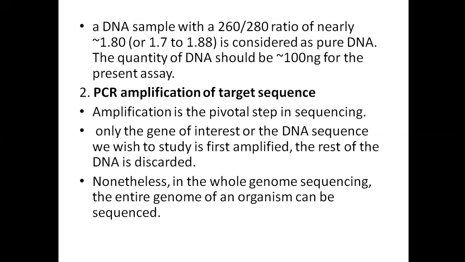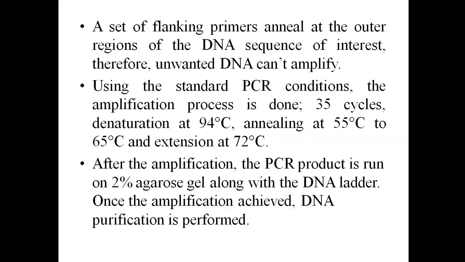Only after the primers are fixed does the chain extension occur; at other places the extension process will not occur. So the primers join with our gene of interest and facilitate only the PCR amplification of our target sequence.